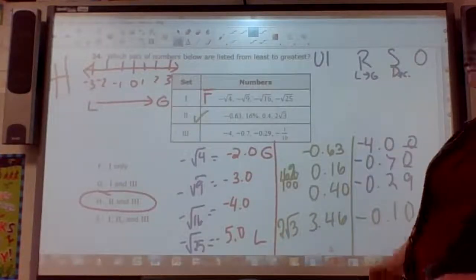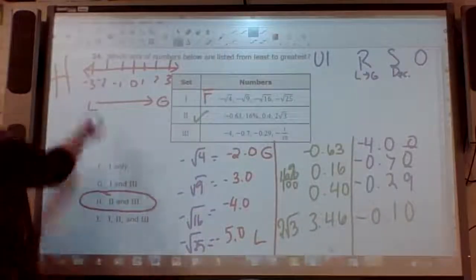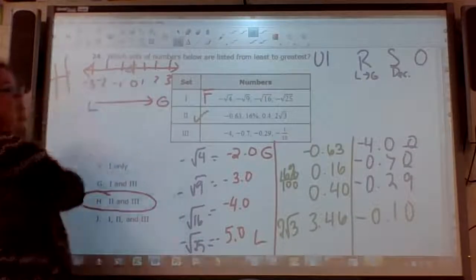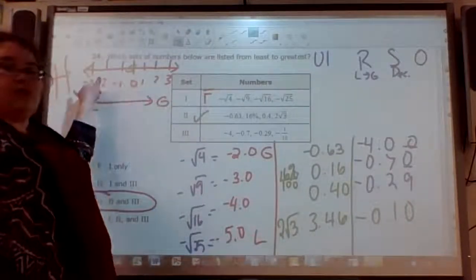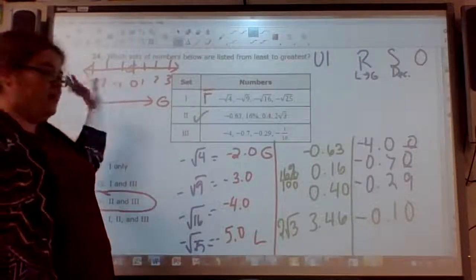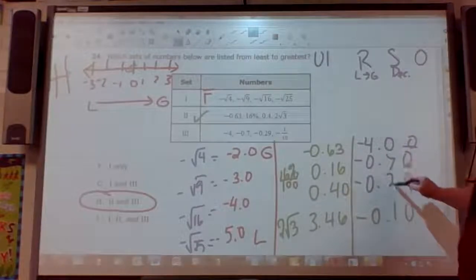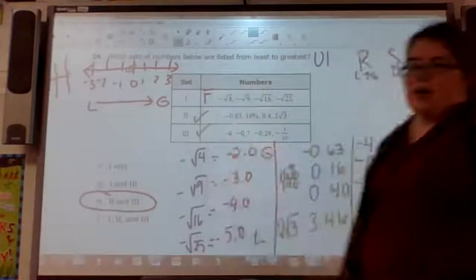Remember, these are all negatives, so I have to go back to this number line. I see -4 is way over here, and 0 is right over here. So that is small. And with the larger numbers, it looks mirror flipped, backwards, that's how it's going to look. So this is smaller, and this one checks out. So 2 and 3 are your answers.